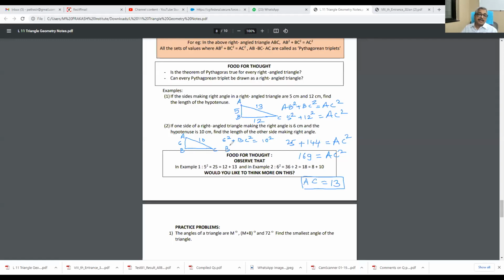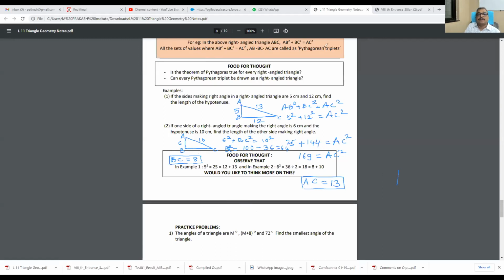So BC square is equal to 10 square is 100 minus 6 square is 36 is equal to 64. 64 happens to be square of 8. So BC is equal to 8. So any two sides of right angle triangle are given, third can be found out using Pythagoras theorem.